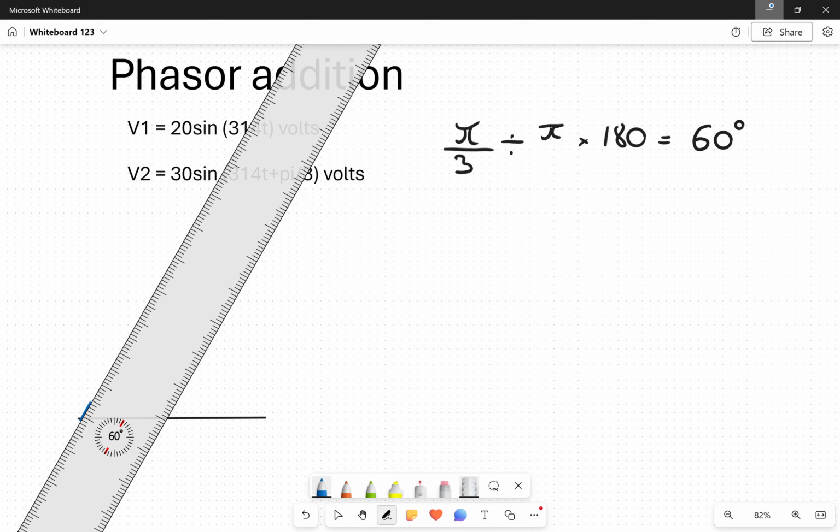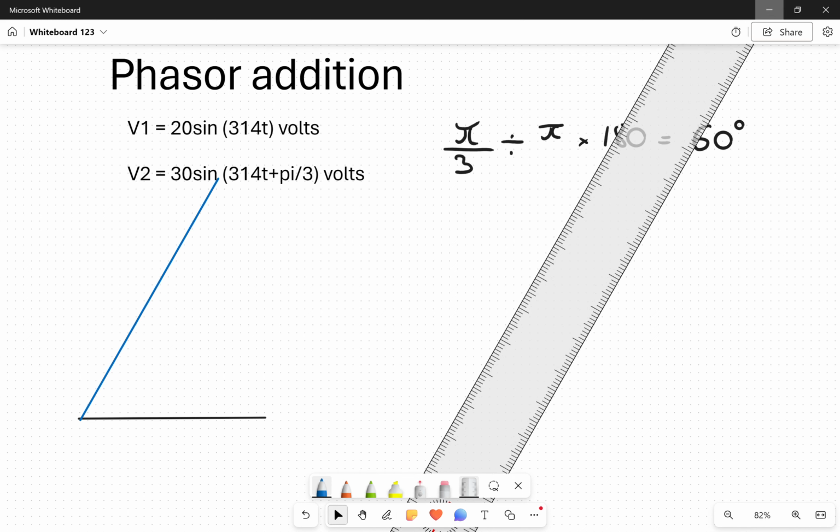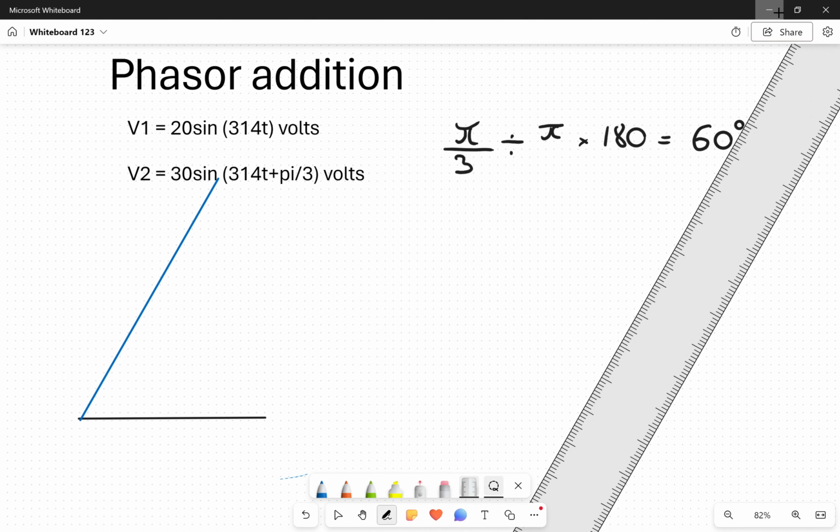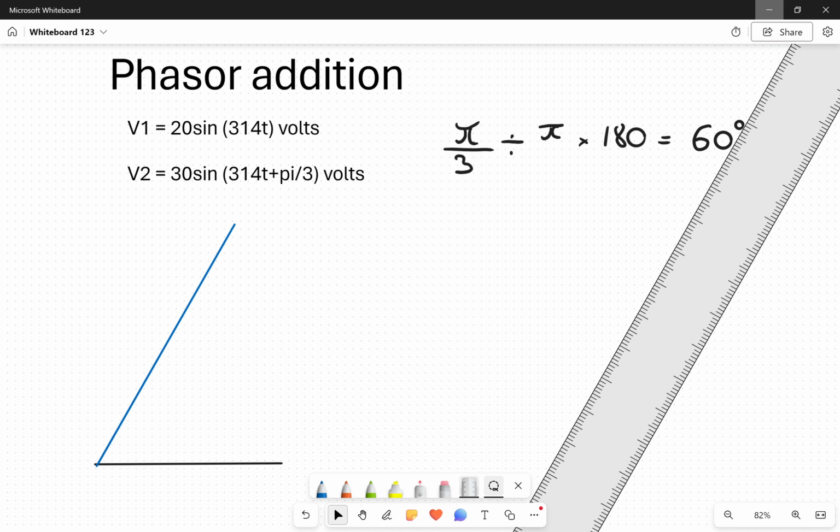So 1, 2, 3, 4, 5, 6, 7, 8, 9, 10, 11, 12, 13, 14, 15. Just about fits on. So now we've got these here, and I can use this just to shift it down a little bit out of the way. We can now look at the rest of the waveform.